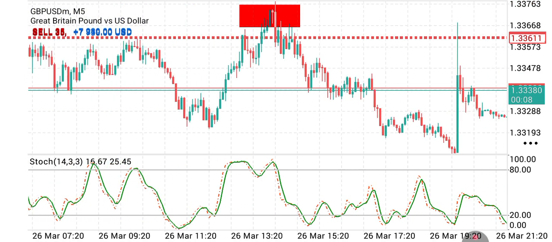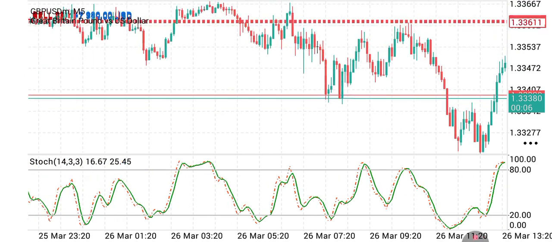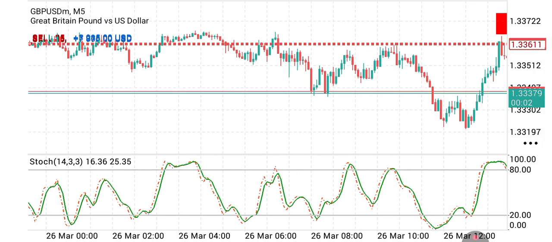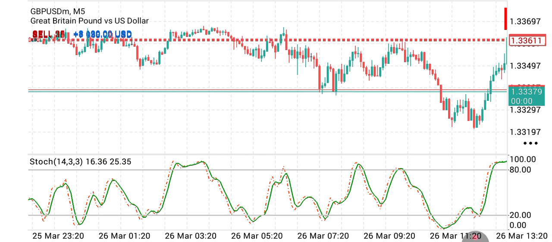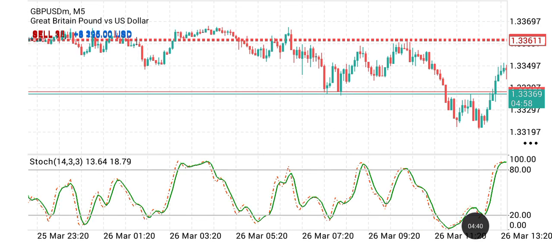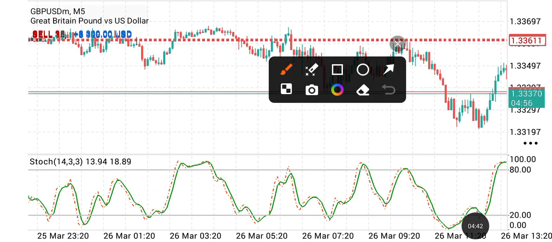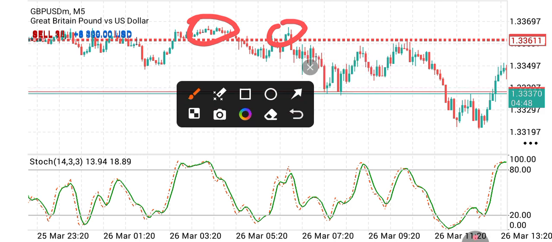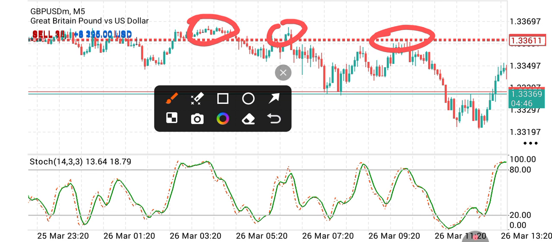So what happened over here, you can see this is a 5 minutes time frame. So like I said earlier, this is a 5 minutes time frame. So let me show you what happened over here. You can see that I want to show you here. Here is a zone. You see 2 touch points in the same zone, and another touch point here, the same zone.